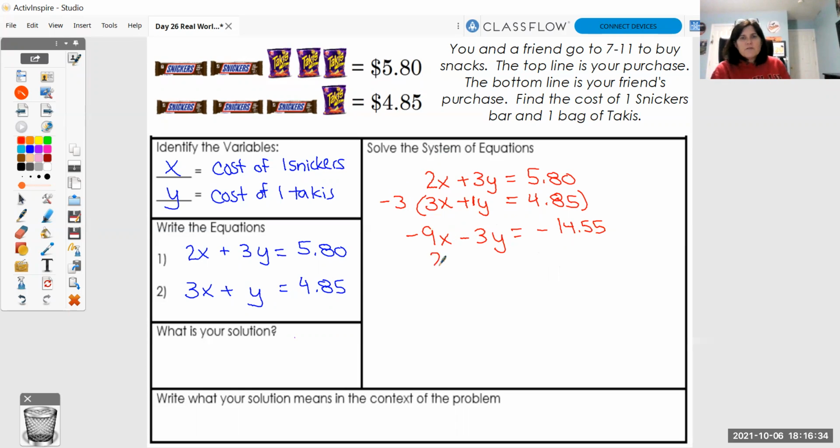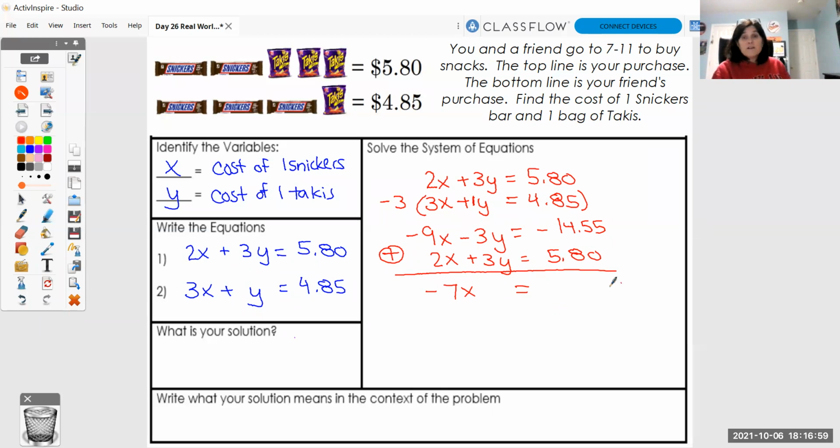Right, so I'm going to rewrite this other one under here. I'm just going to add them up. So -9 plus 2 is -7x. -3 plus 3 is 0y. And -1455 plus 580.